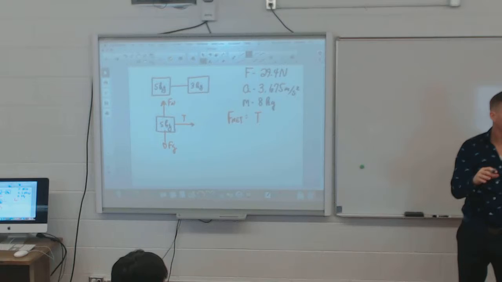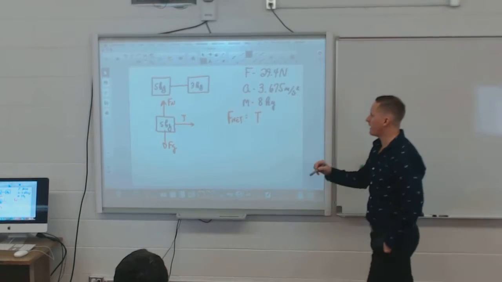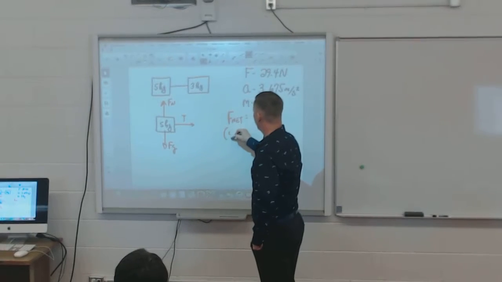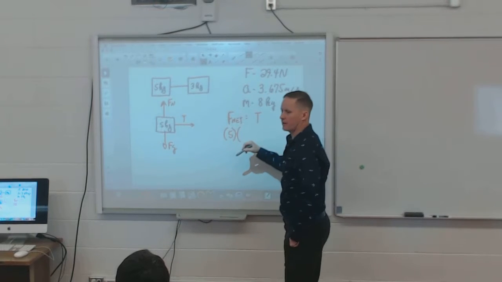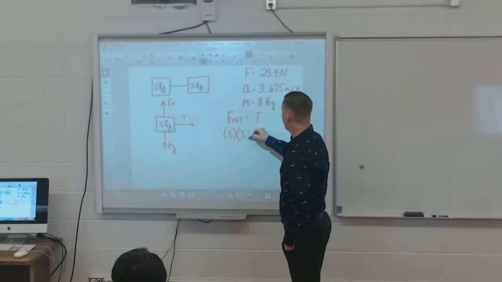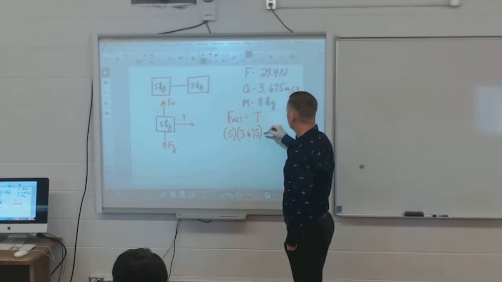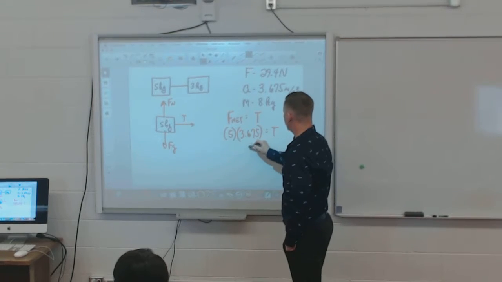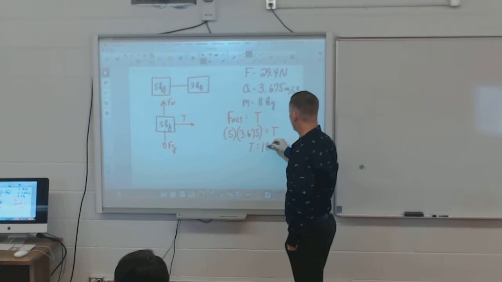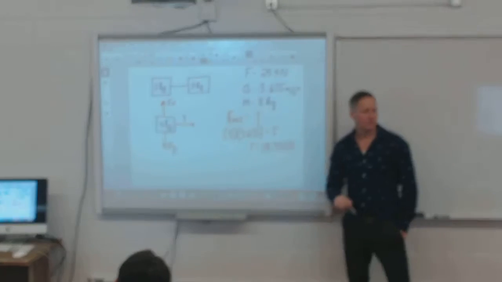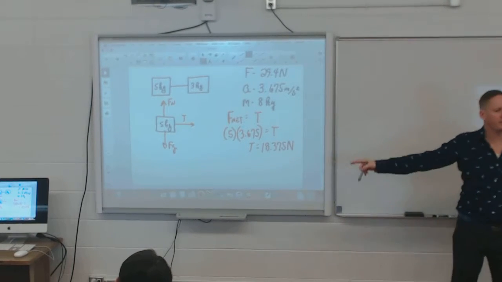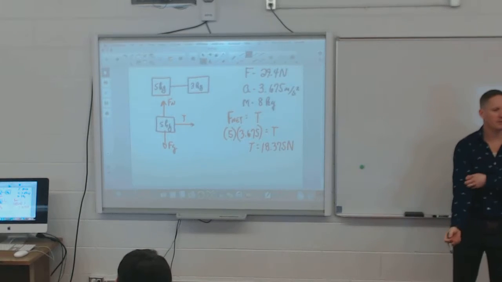Do you agree? Okay, so then what's the mass of that object? 5. And what's the acceleration of it? 3.675. So what do I get my tension as? 18.375. Okay.